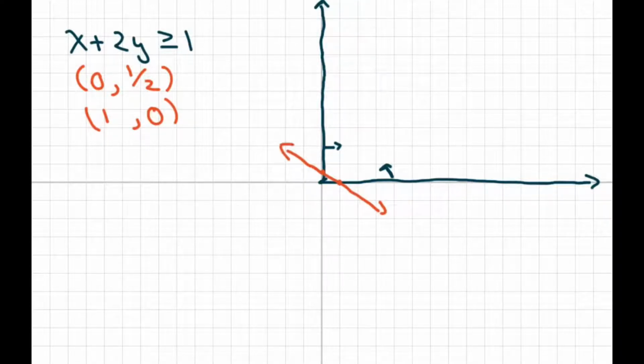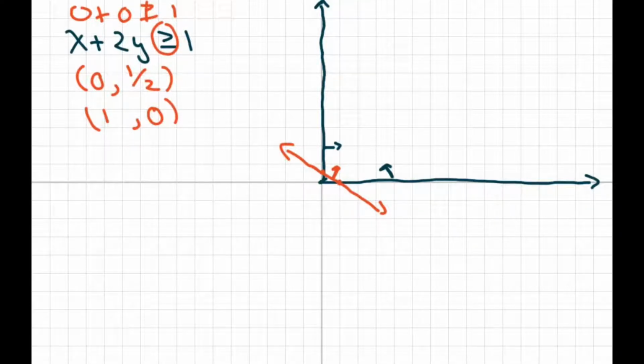Now it says greater than or equal to, and if I plug in 0, 0 here, that is not greater than or equal to 1. So we're going to be shading up. Anytime it says greater than, that's up or to the right-ish. And if it says less than, that means downward and leftward, that area.